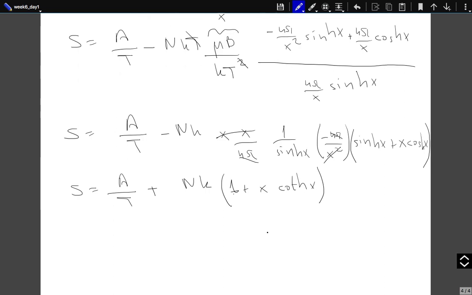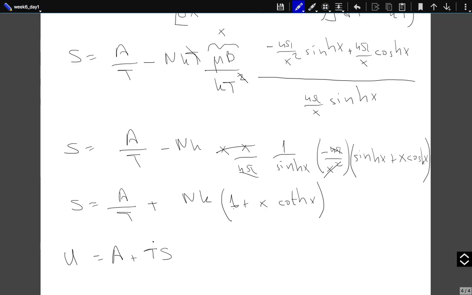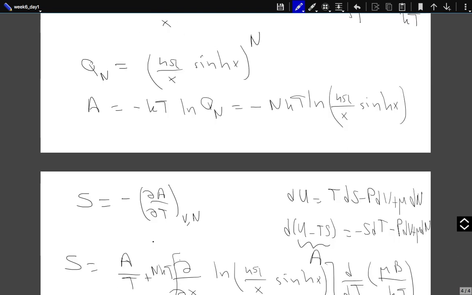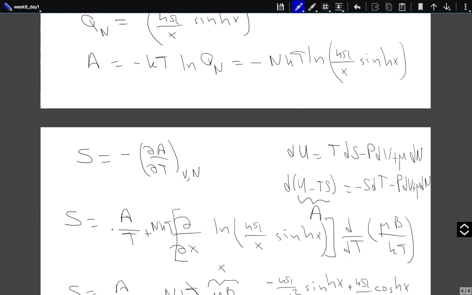And keep in mind, okay, so let's just keep it in this way. If we want to calculate U, it is basically A plus TS. Sorry, I made a mistake above. You see, when I take the derivative of the first term over here, I get this T's drop, so I get A over T, but with a minus sign.